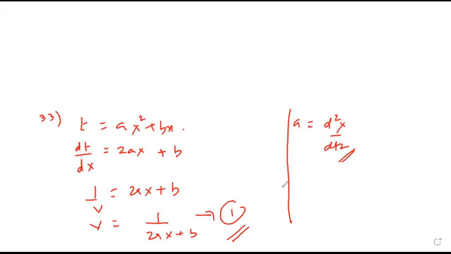Anybody who has not followed till this? Followed, sir. dt with respect to x. Okay. अभी देखो, एक्सेलरेशन का ना अपने पास दो फॉर्मूला है. v dv by dx को भी एक्सेलरेशन बोलते हैं, पता है ना ये? Yes, sir. A is d square x upon dt square. So I know that dx by dt is v.